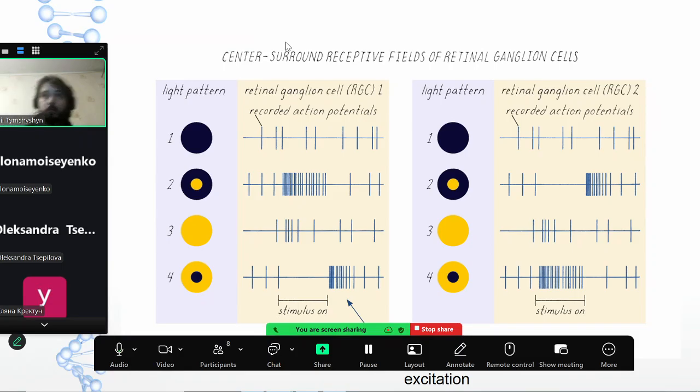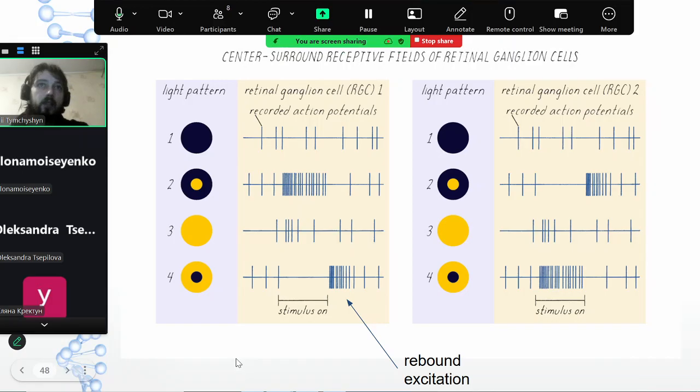Okay, so what is this receptive field doing? Here we see cases for on and for off receptive fields, and what is happening depending on the brightness perceived with the center of the receptive field or with its edge. If there is no light, there are some generated action potentials that go to the brain, but they are pretty scarce.